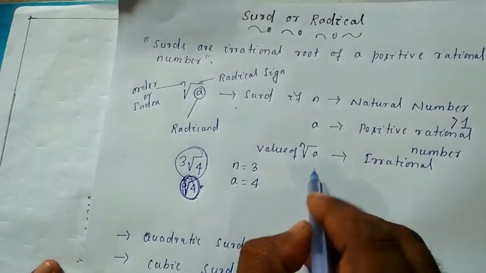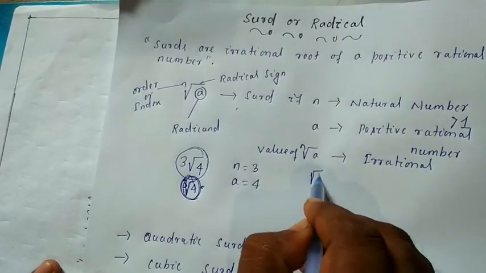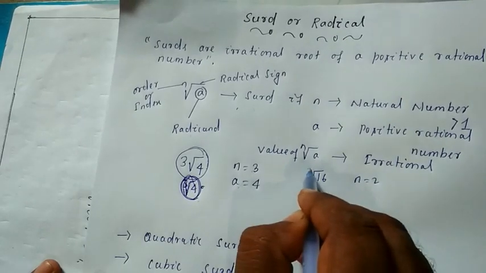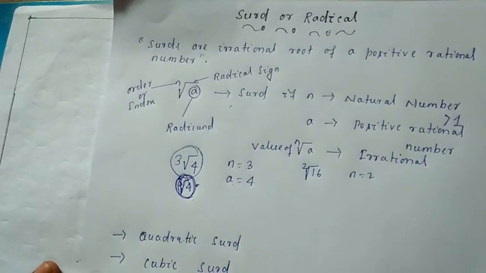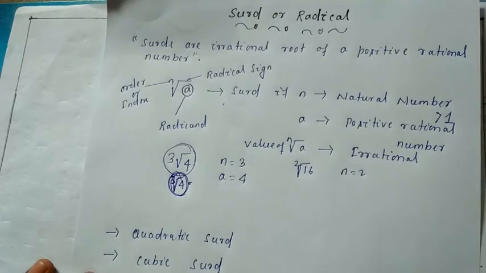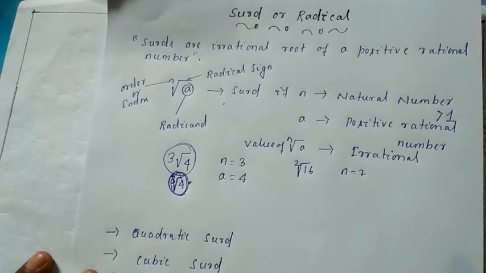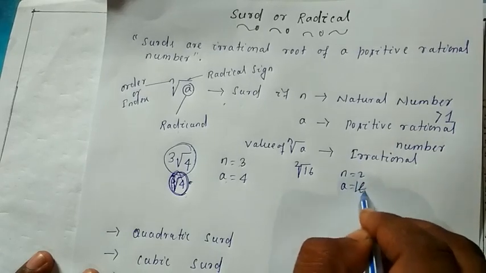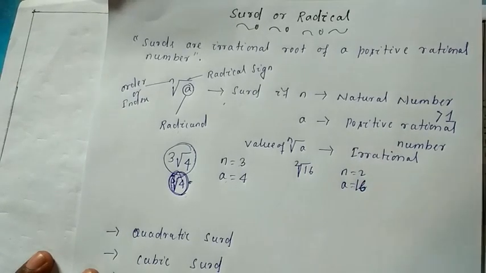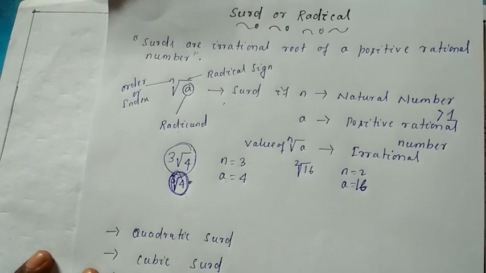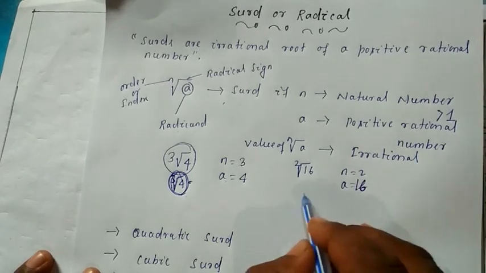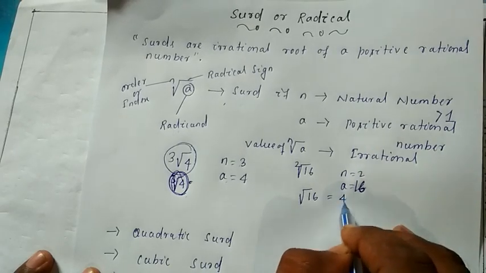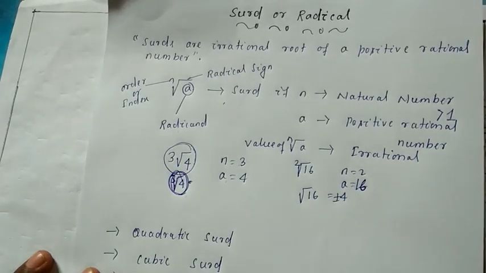If I write square root of 16, here the order is 2. Here the order is 2 and a is 16. So two conditions are satisfied. But the value of square root of 16 is plus or minus 4.